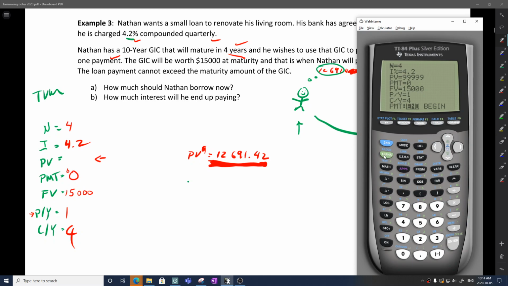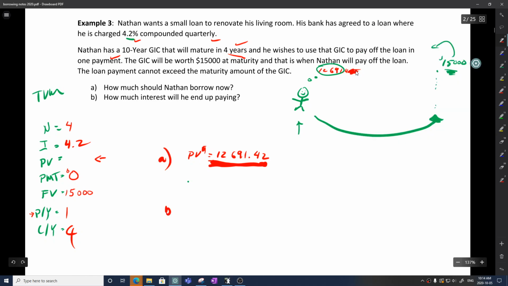I'm going to find out how much presently that is worth. It's worth presently $12,691.42. So it's exactly that. So now that answers A.